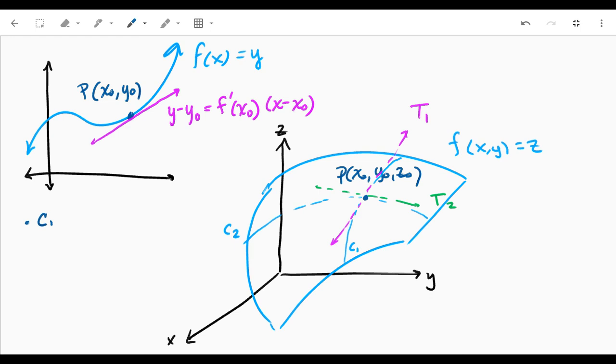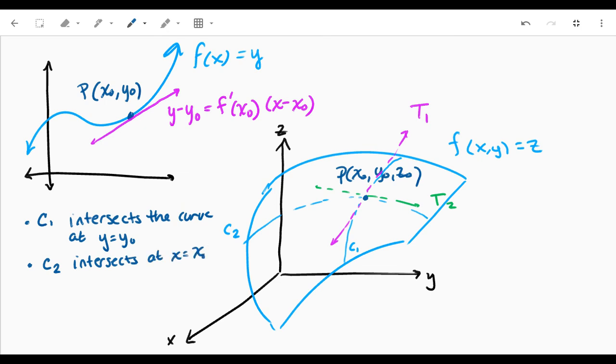A couple of things here. C1 intersects the surface at y equals y naught. C2 intersects at x equals x naught.